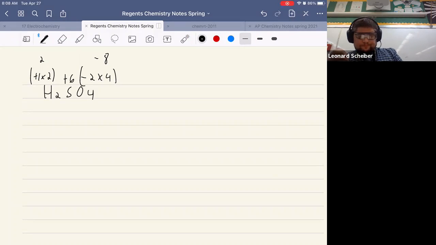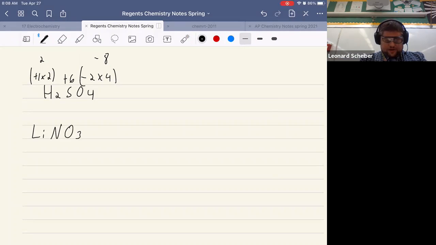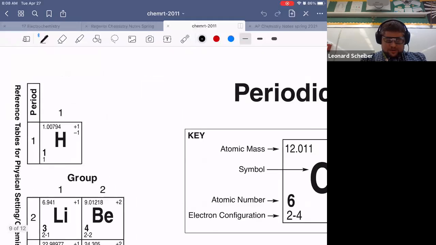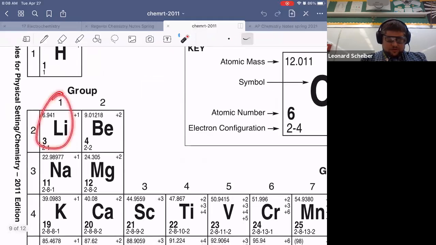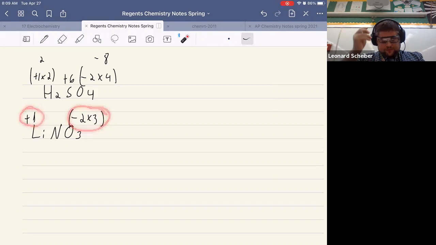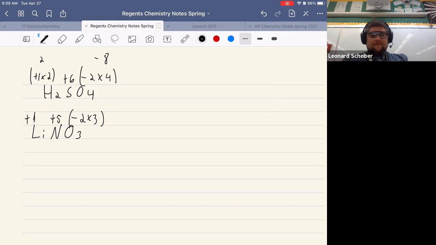Not too hard, right? Let's try another one. LiNO3. Li is a group 1 element, +1. Oxygen, as we discussed before, is a group 16. It has a -2, so -2 times 3. So we got -6, +1, which means that N has to be +5.